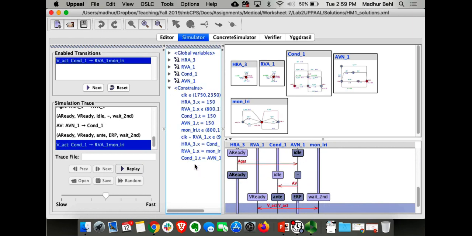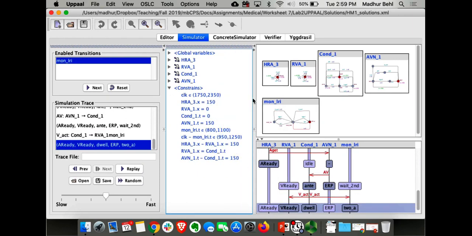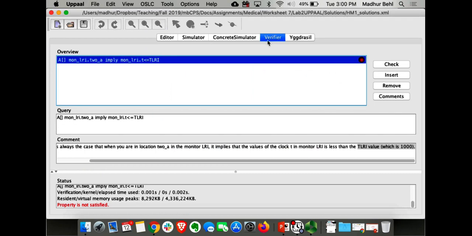It's hard to follow because the replay is occurring at a high speed. But at the end of the trace, let's look at the value of the LRI timer right here. When I highlight it, it becomes less visible, so I'm highlighting the one below it. The value of the clock T in the automaton monitor.LRI is anywhere between 800 and 1100, which means there is a trace where it will be greater than TLRI. Therefore, this property was violated.